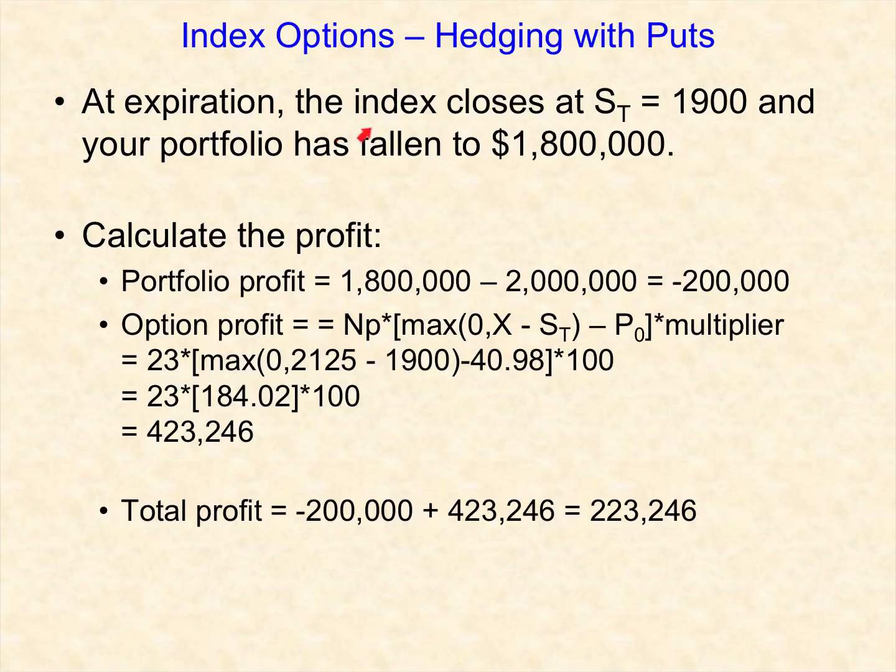At expiration, the index has fallen to 1900, the same assumption we made using the call option hedge. And our portfolio is also at $1.8 million. We'll calculate our profit on the portfolio. We'll take the ending value minus the beginning value. Again, we lose $200,000 on the portfolio. To get our option profits, we'll take the number of contracts we purchased, 23.